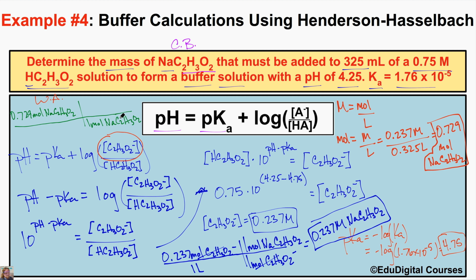Well, let's figure this out. Sodium is 22.99. It looks like we have 2 carbons, so 2 times 12.01. We have 3 hydrogens, so 3 times 1.01. And we have 2 oxygens, so 2 times 16. And we're going to end up with 82.04 grams.